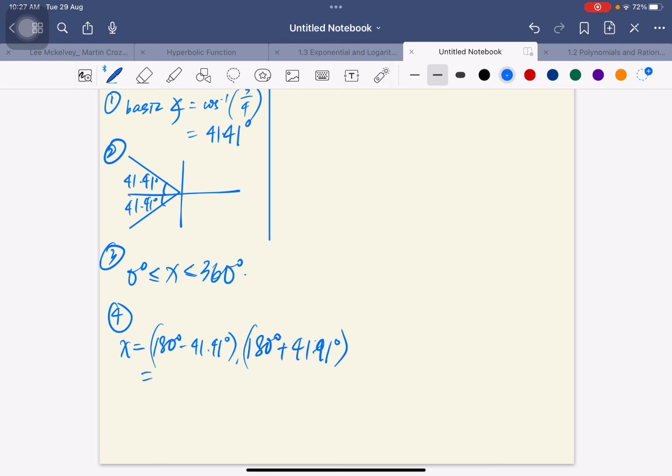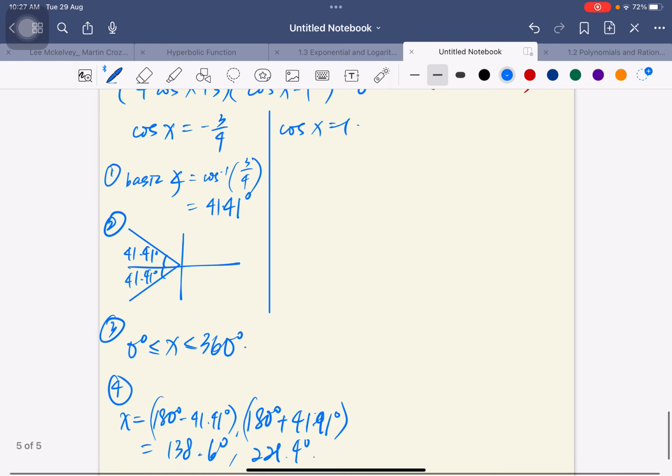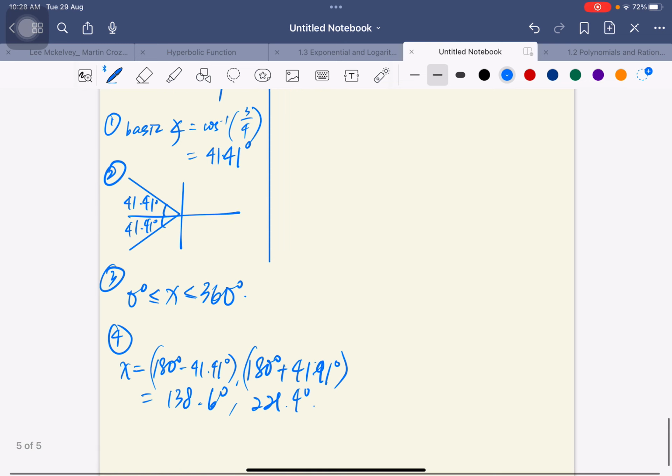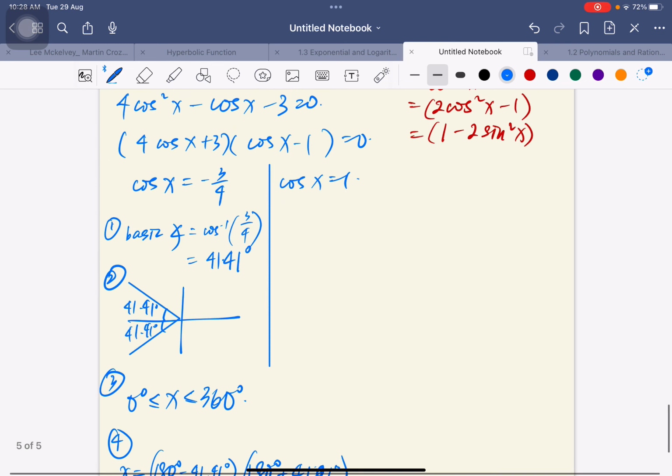So what's this? 180 minus 41.41, 138.59. I just round off the value. 180 plus 41.41, 221.4 degree. So this is the solution for cos x equals negative 3/4.